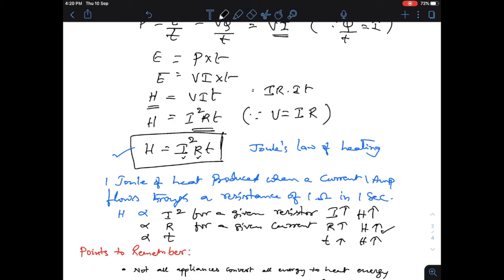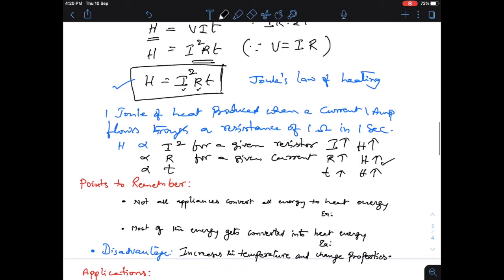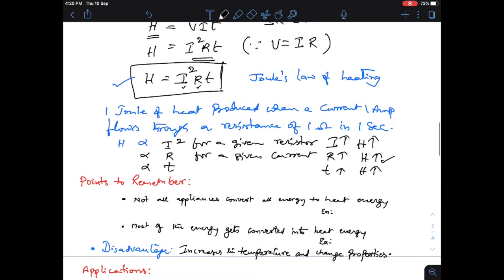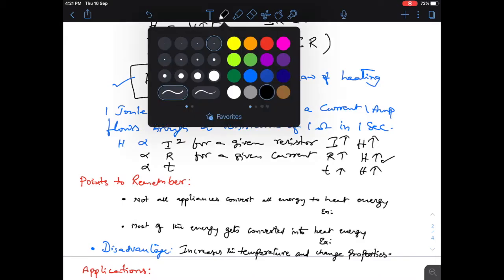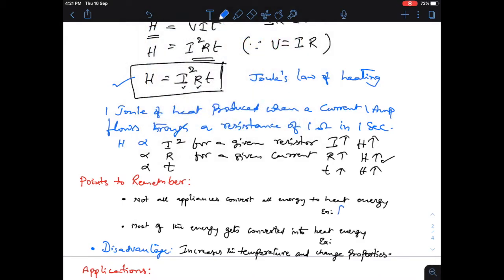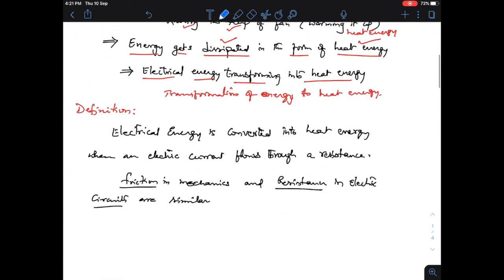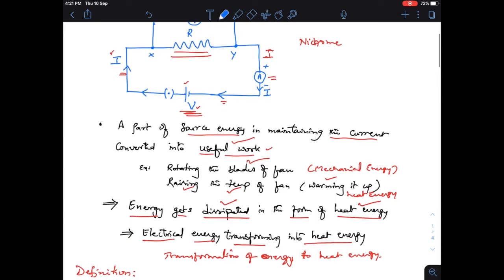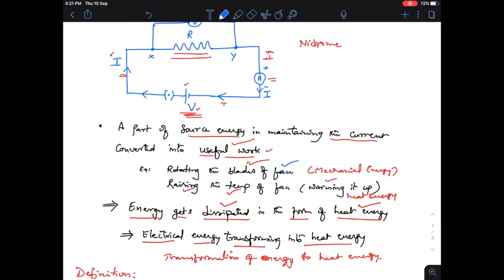Now let us see some points that will be important to remember. Not all appliances convert all energy to heat energy. What does that mean? Example, let us consider a fan. Most of the energy is utilized in running the fan. That means it is converted into mechanical energy, rotating the blades of the fan.